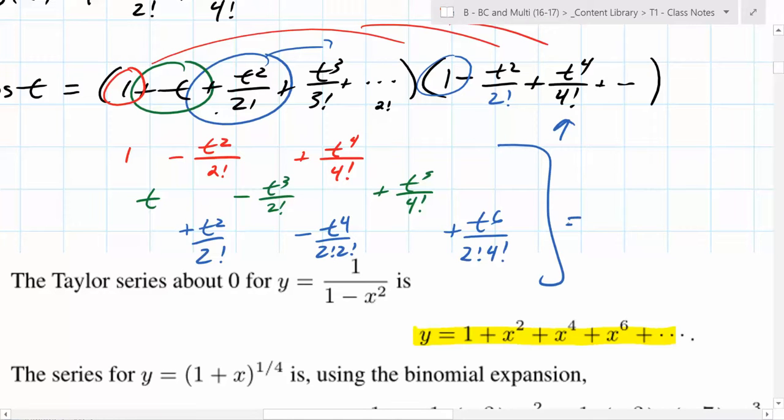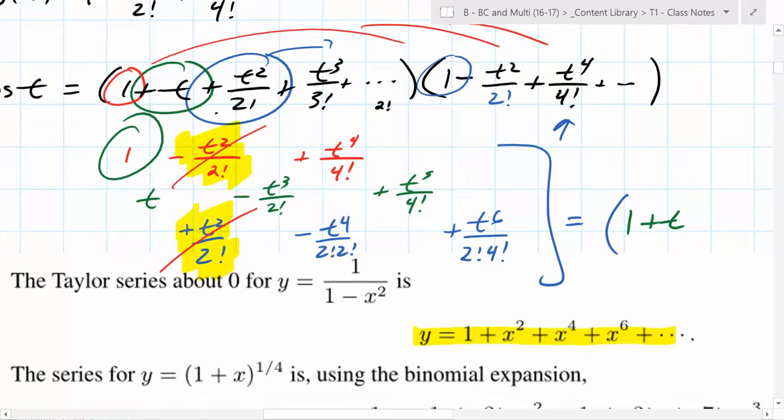If we add all these things together, what do we have so far? 1, right? Well, look at this. Plus t, yes, absolutely, plus t. These two cancel, right? So those are gone. So what's the next one here? We have t cubed over 2 factorial, and you get another t cubed eventually. Let's do the last one here.